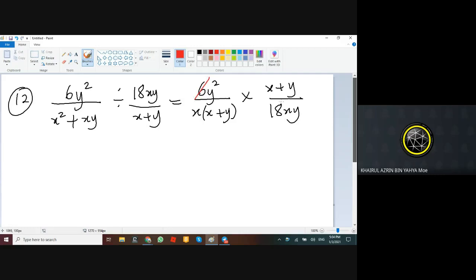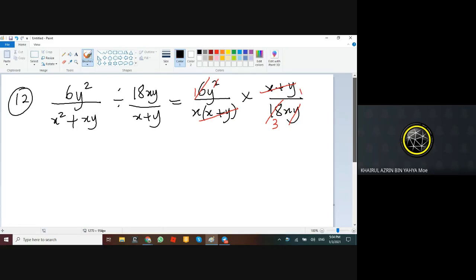We can eliminate with 18. 6 divided 6 is 1. 18 divided 6 is 3. And then y square and y, we also can eliminate. So y square become a single y only. What else? Yeah, x plus y, we can eliminate with x plus y. So this one become 1.